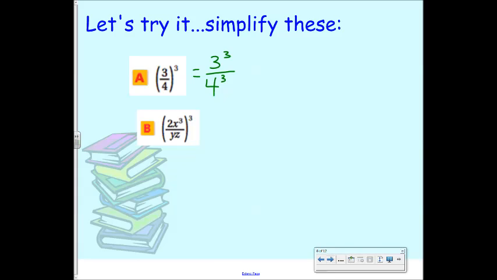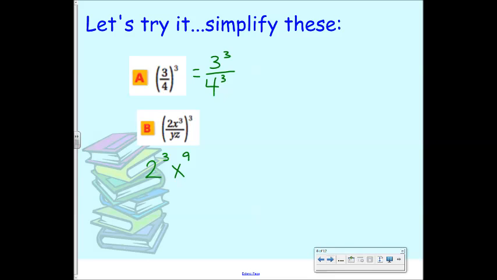So what does the numerator become? 2 to the 3rd. x to the 9th. Where did the 9 come from, Diego? Yeah, it's a power to a power, so you raise it to the 9. So remember, the 3 goes with everything there.